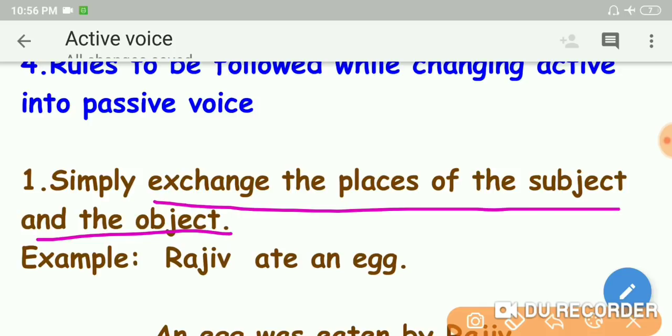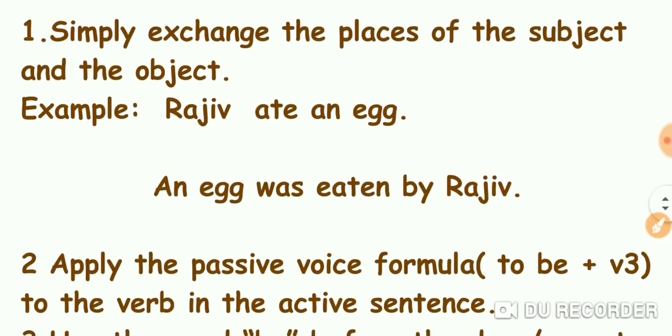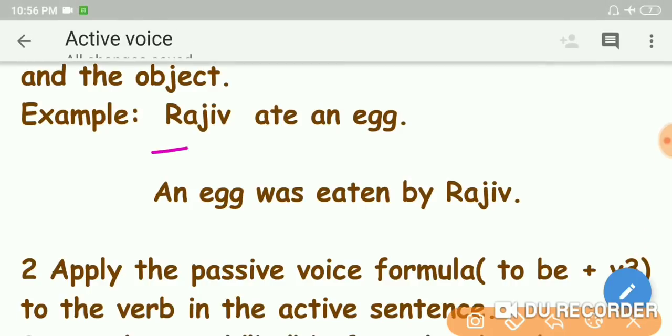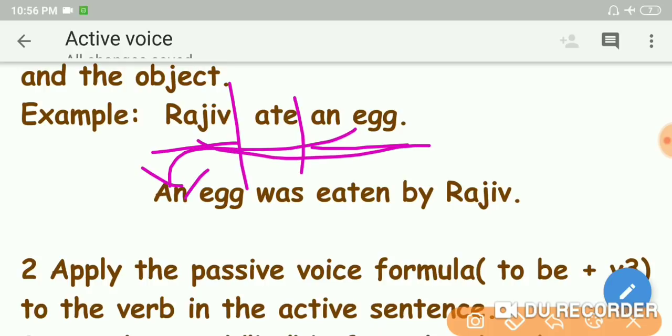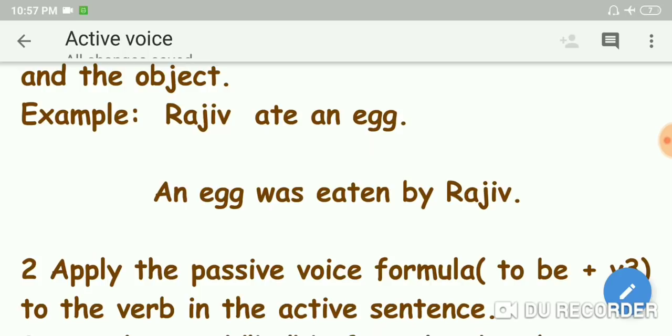For example, Raju ate an egg. Here Raju is the subject, ate is the verb, and the object is the egg. So the egg comes to the subject position, whereas Raju goes to the object position. This is the first rule we need to follow.